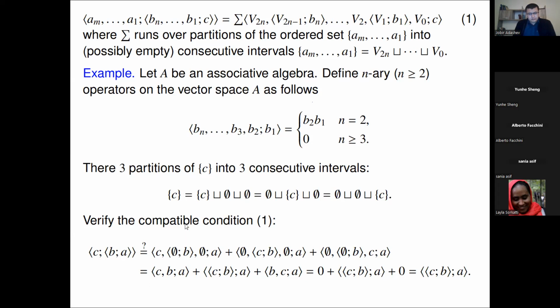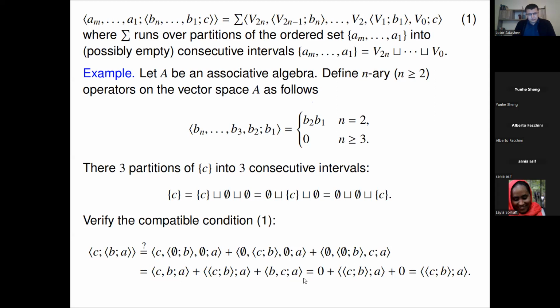Now we want to verify the compatibility conditions here in 1. That means we need to verify this bracket CBA. We want to verify that this one equals the sum of 3 brackets like this. So we simplify this. Here is just the CBA, and the second term is just the CB together, and then A in the special place, and the last one is like this.